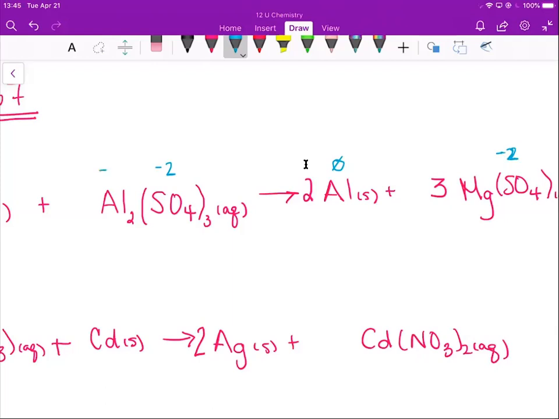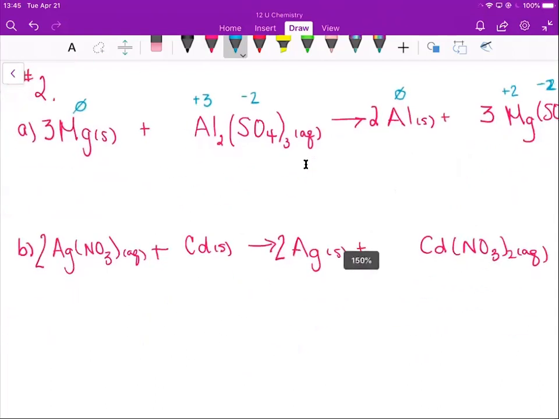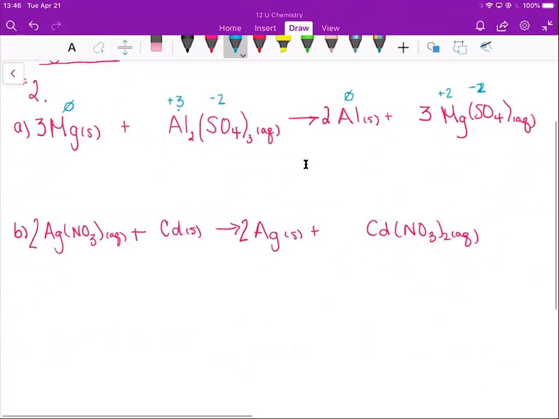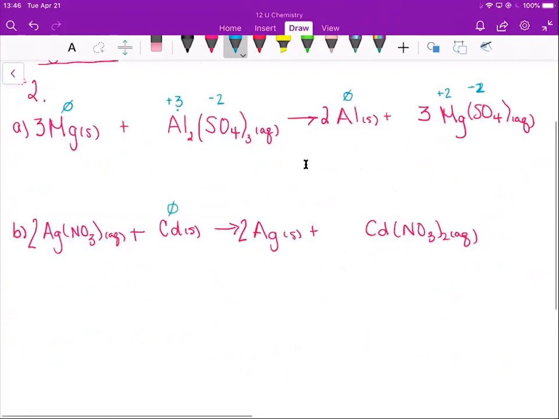And then these are just going to be as they appear in their charged form off the periodic table. Okay, so aluminum has a +3 charge, magnesium has a +2 charge, whereas in their elemental form, when they aren't in an ionic compound, then they are neutral, they're 0. So same here, this one will be 0, this one will be 0. Nitrate's always -1, and so that makes silver +1 with the nitrate, +2 with the cadmium.